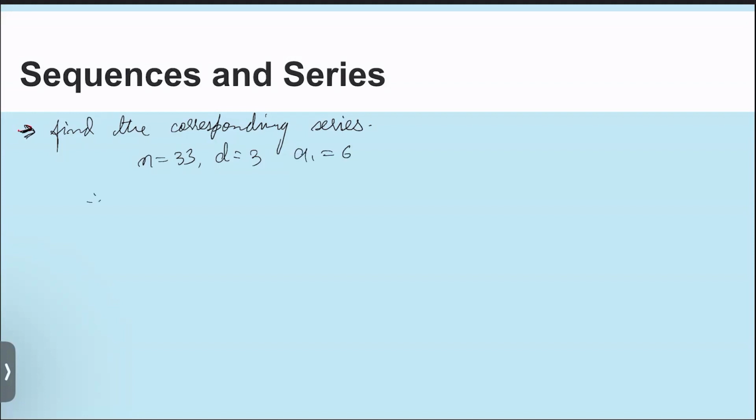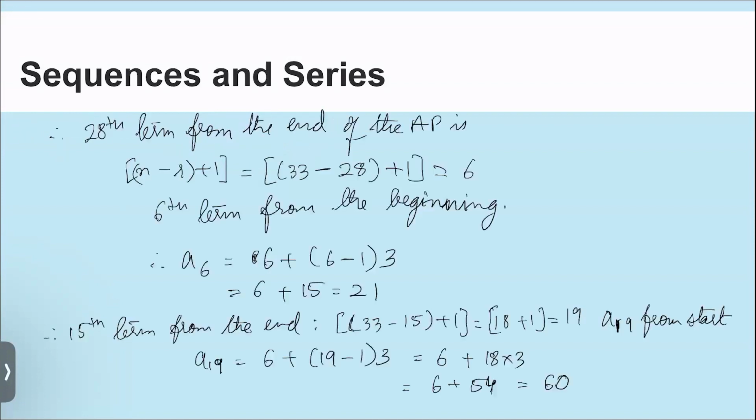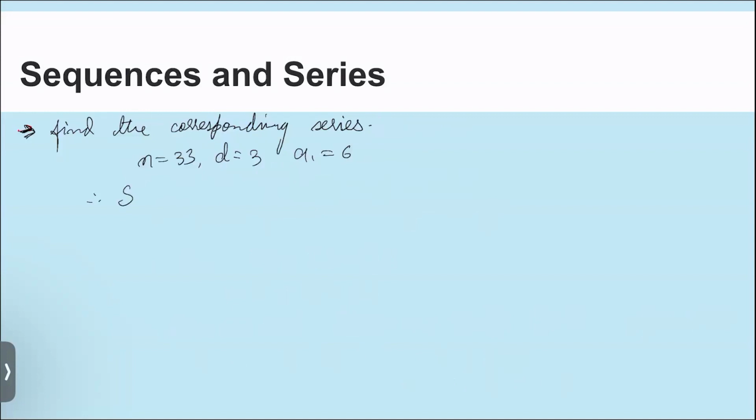So we can see that since we have a d, this is an arithmetic progression or sequence. So we can directly find our Sn as n by 2 times (2a plus (n minus 1) d).